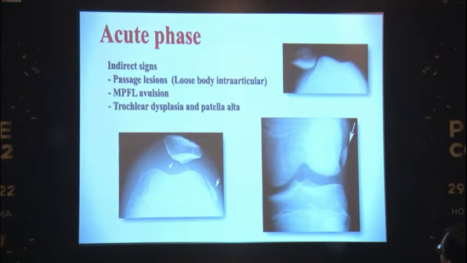You have some indirect signs, and the indirect signs are the passage lesions, some loose bodies intra-articular, as you can see on this image. You can have an MPFL avulsion on the patella side, and of course you will look at the trochlear dysplasia, and you will also measure the patella alta.